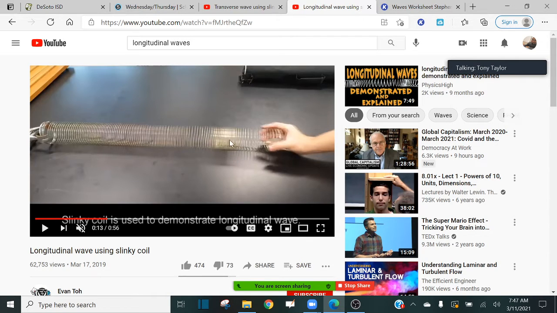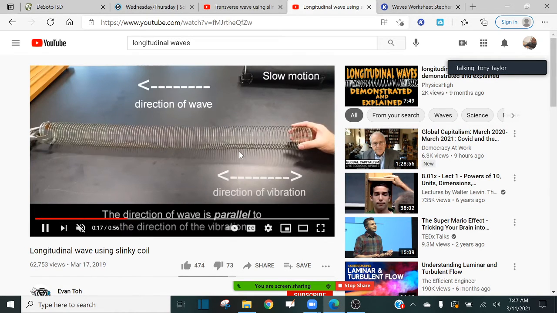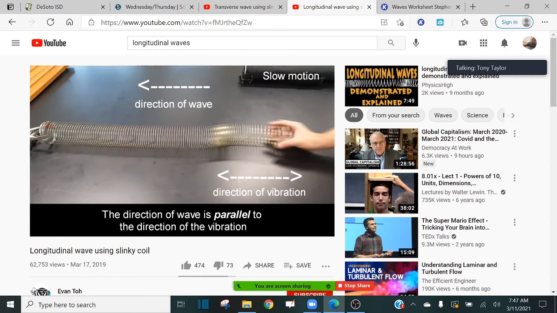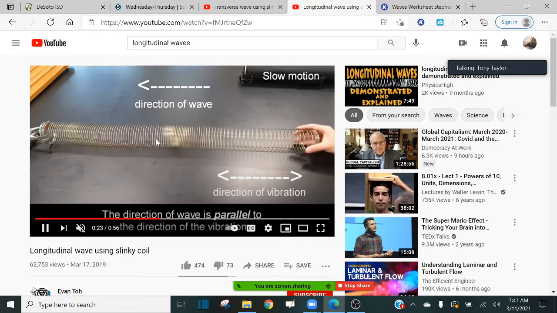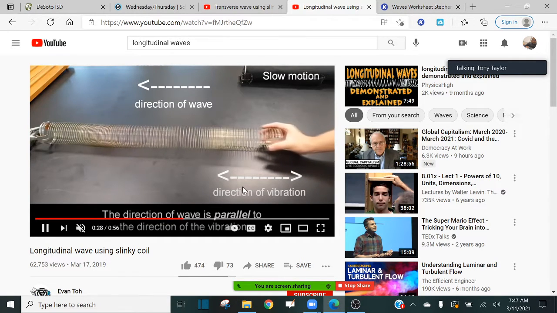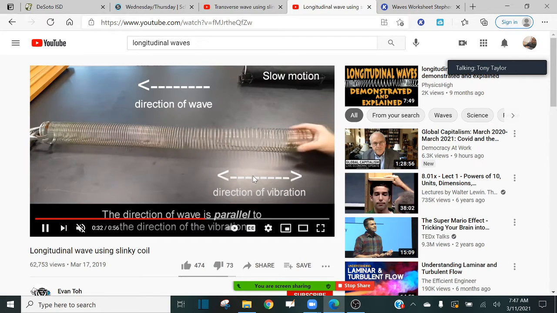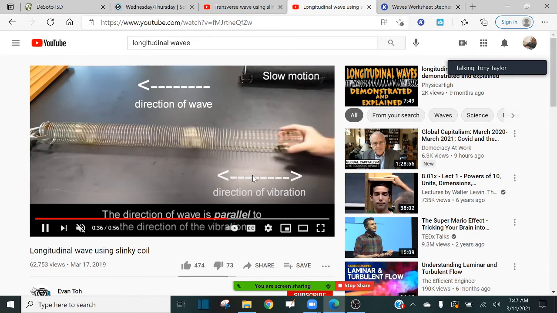For example, as you see this pulse right here, this pulse of energy starts right here and it travels all the way throughout the length of the slinky. So in other words, the pulses of energy are traveling in the same direction that he's vibrating his hand. The point is that the pulses of energy are traveling in a direction that is parallel to the direction of the vibration itself. Okay, so that's the difference between a longitudinal wave and a transverse wave.